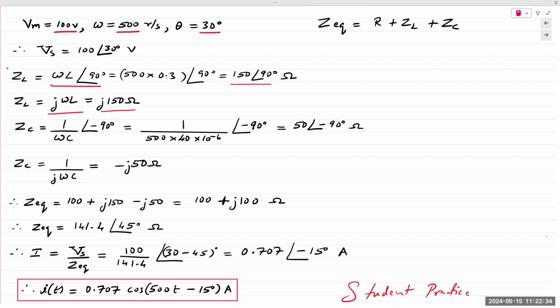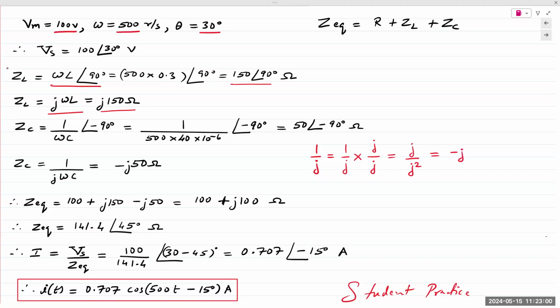And 1 over j can be handled by multiplying and dividing by j. This gives you j over j squared. j squared, of course, is minus 1.